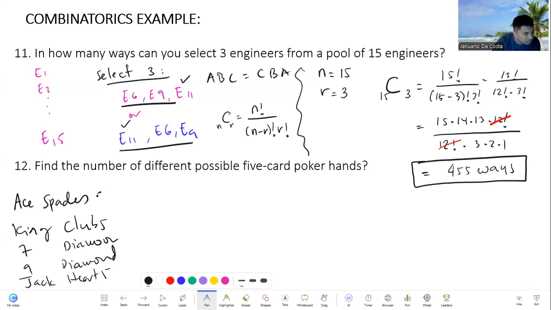Let's call this a symbol: ace of spades, king of clubs, 7 of diamonds, 9 of diamonds, and then jack of hearts. For example, these are 5-card poker hands.